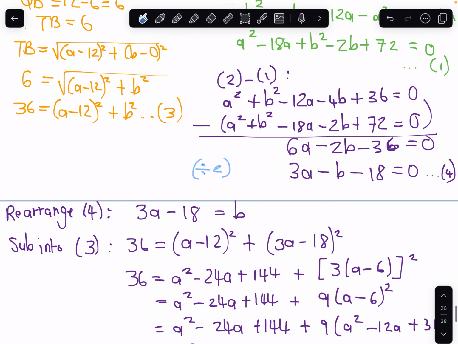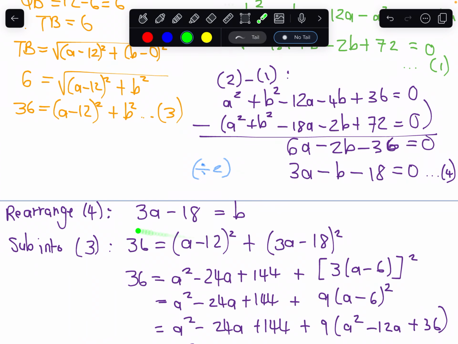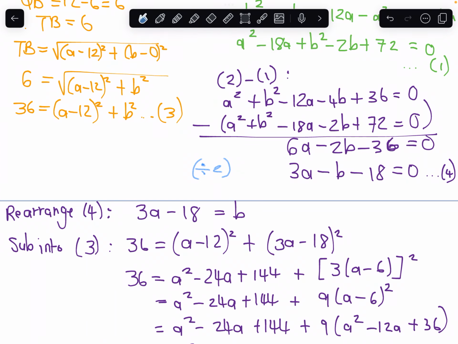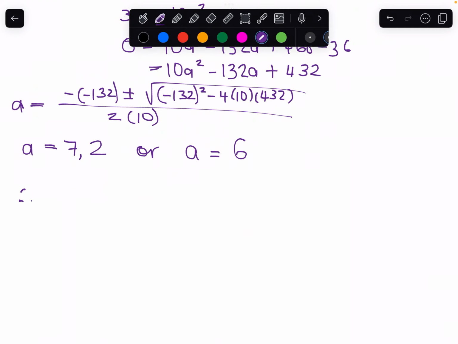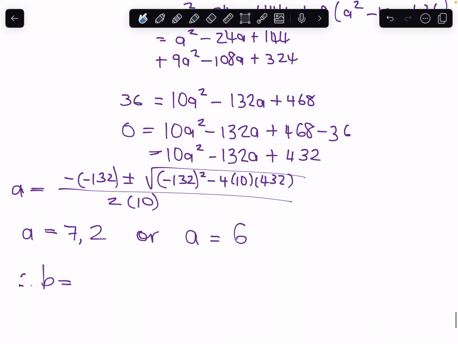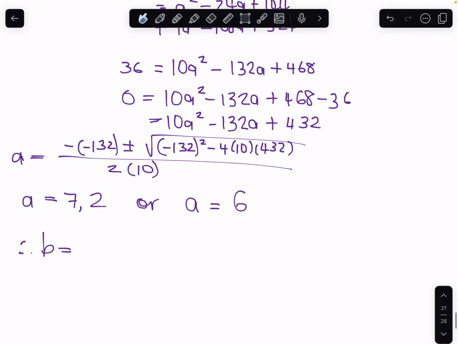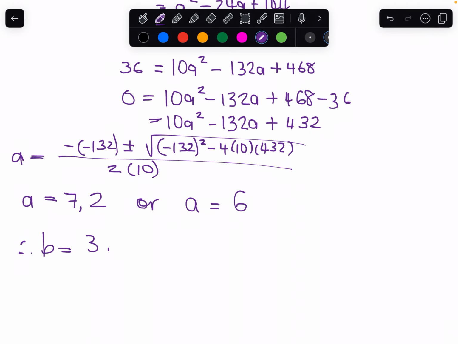And let's see what our solutions then for b are. So I'm going to put it into this equation. So therefore, b is equal to 3a minus 18, so either 72 minus 18 or b is equal to 3 times 6 minus 18.